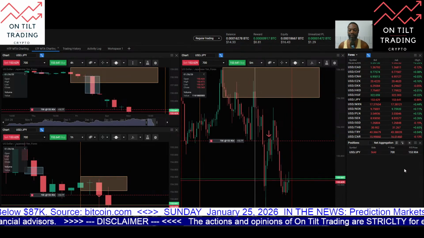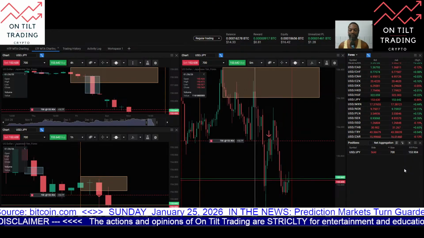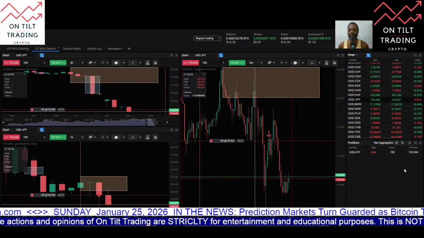Still consolidating here between 153.650 and 153.620.